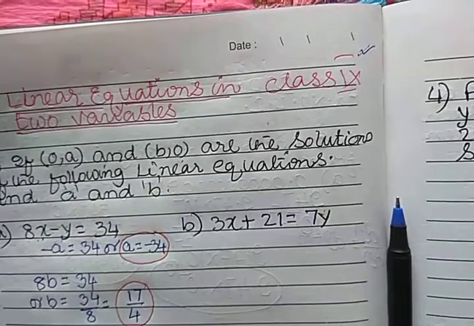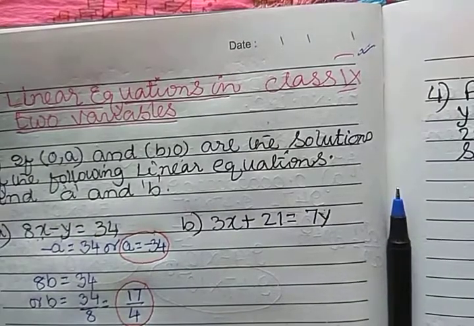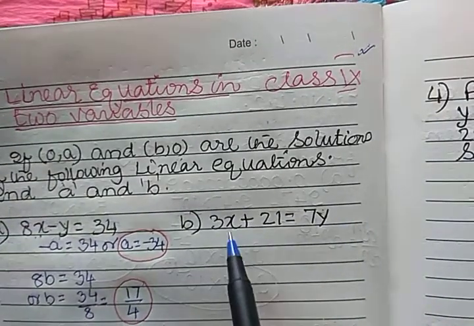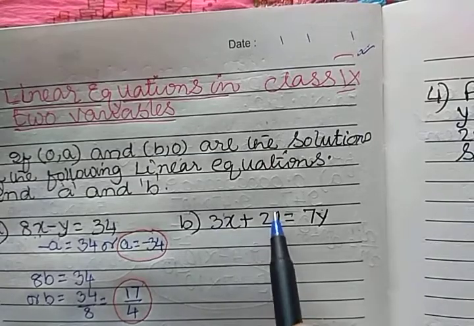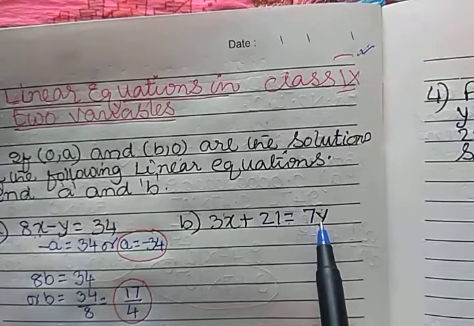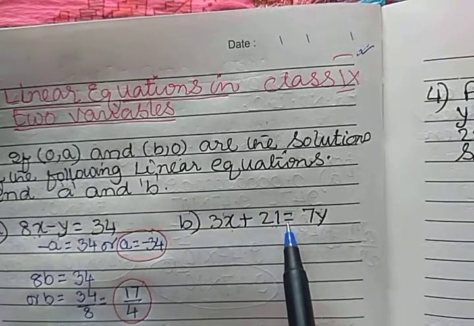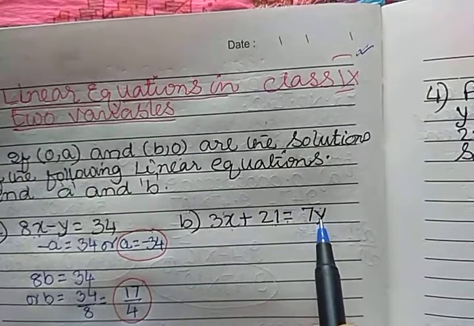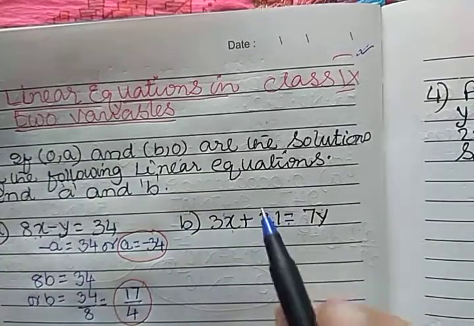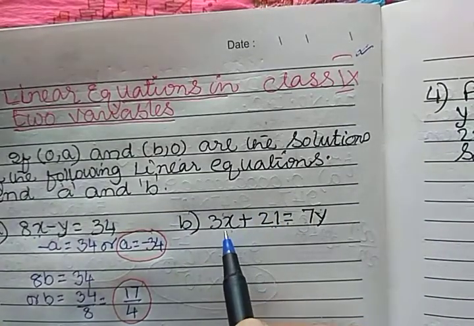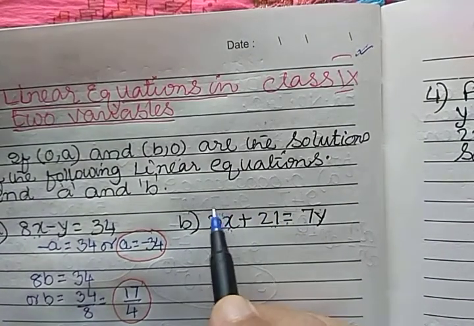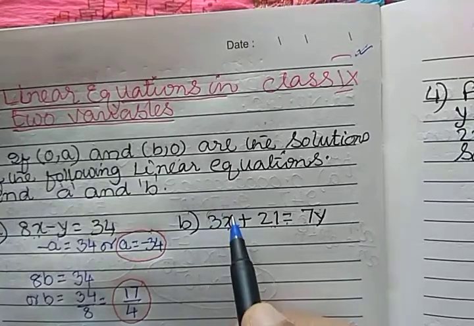Clear? Now in the second equation, let us replace. What is the second equation? 3x plus 21 is equal to 7y. So (0, a), that means your x is equal to 0. So this term becomes 0.